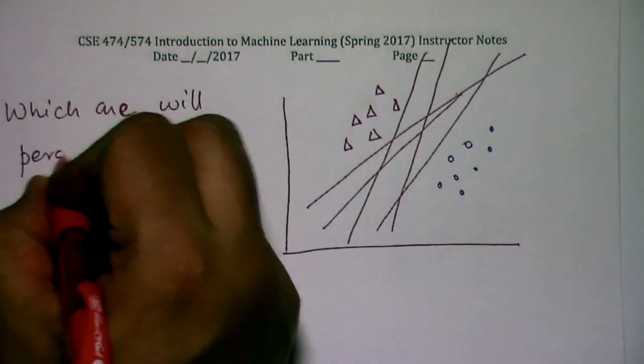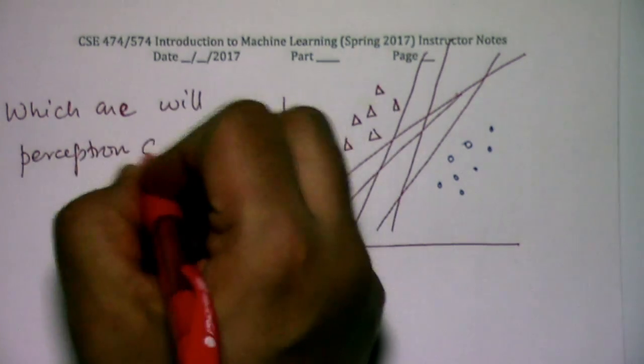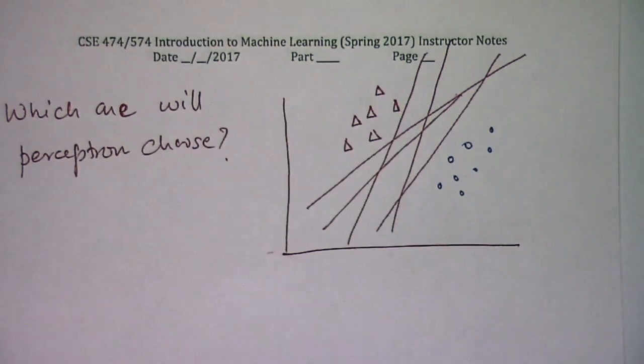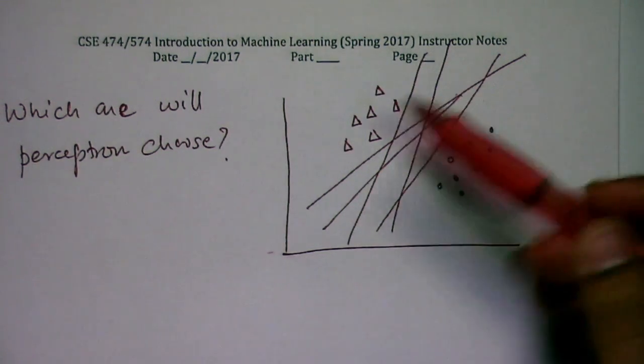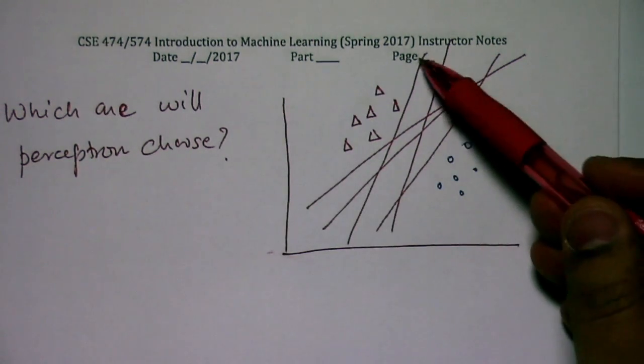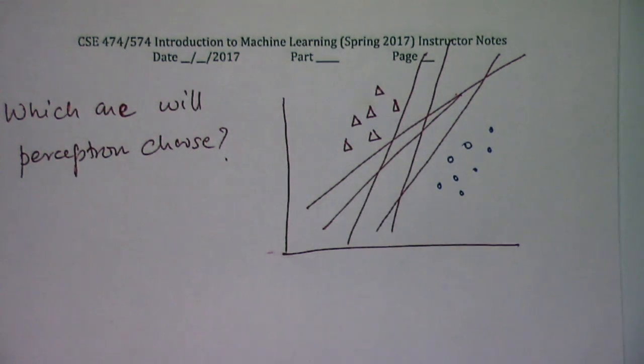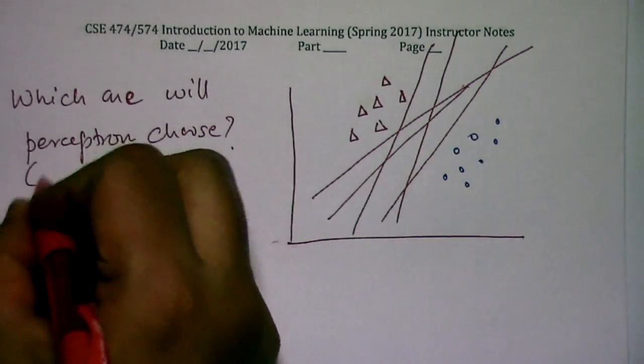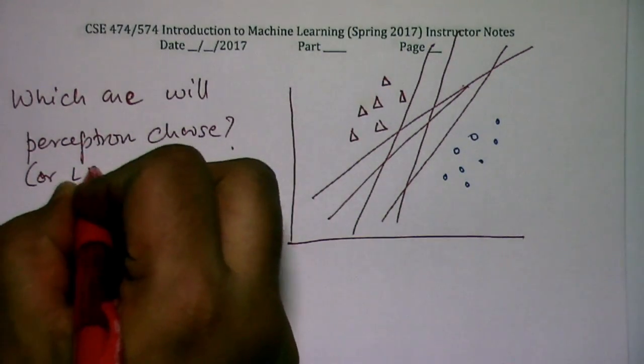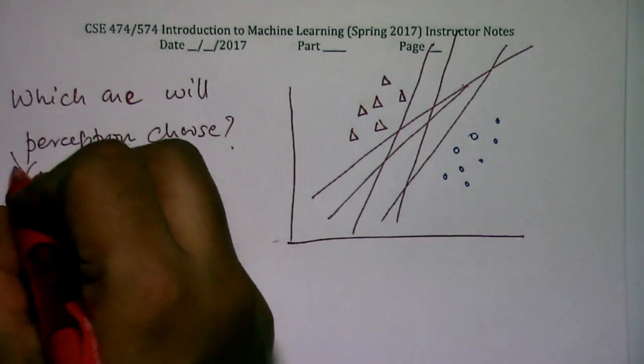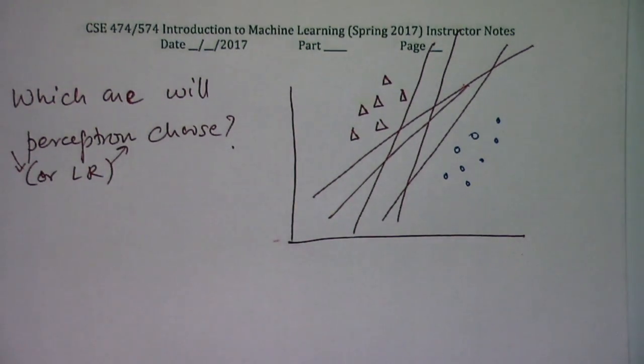will perceptron choose? In fact, even for logistic regression, it's the same thing, because logistic regression, as I showed you 3 classes back, also learns a line. But the question is, which line will it learn? And the answer is that perceptron or LR will learn the line which it arrives at first in its minimization.